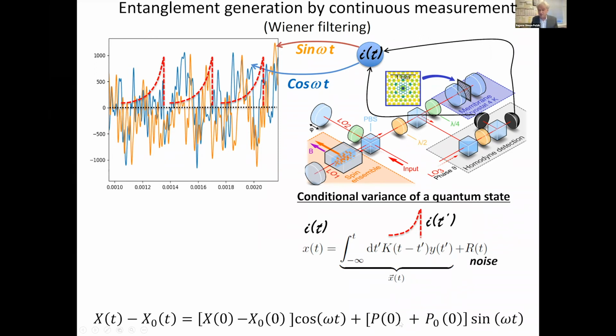And we can predict it because we're measuring commuting variables. And then we compare this prediction with what we actually measure at this point. And we do it continuously. And if our prediction corresponds to what we actually measure, to better than the uncertainty, the standard quantum limit, then we claim entanglement.